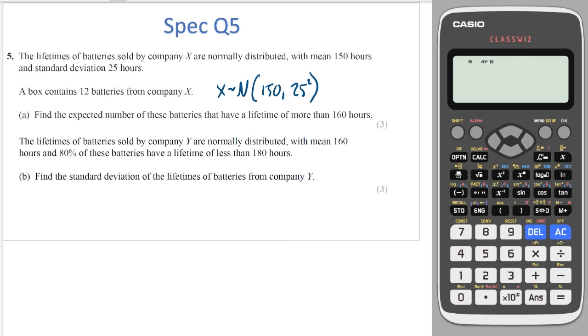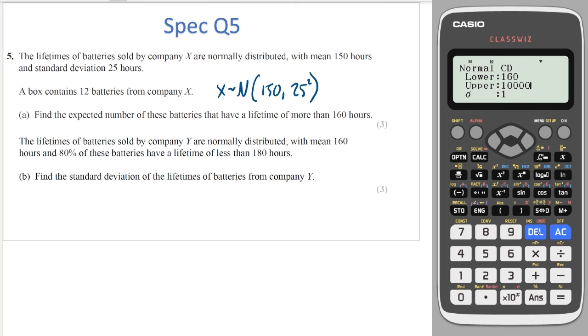So what we'll need to do here is go into the normal again and type normal CD, and we want the lower, it's more than, so we want the lower to be 160, and the upper we just choose some arbitrary large number.